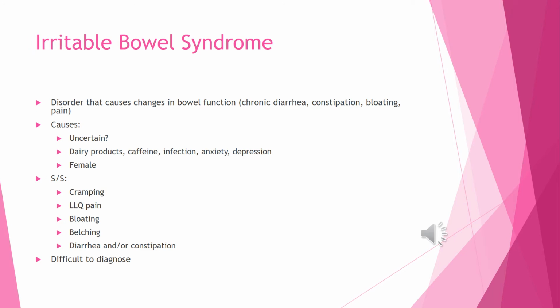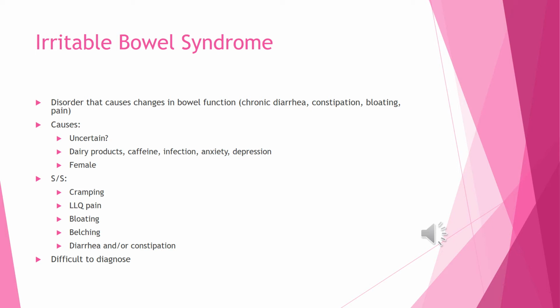The next disorder I'm going to talk about is a relatively new one, irritable bowel syndrome. Not new, it's been around for a long time, but it's actually called a disorder now. And it's kind of a cyclic chronic diarrhea, constipation, bloating, pain. They're really not sure why it happens, mostly in women.